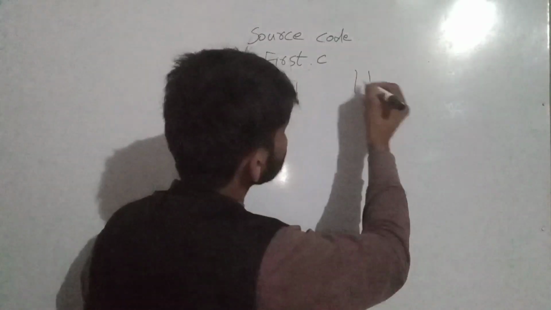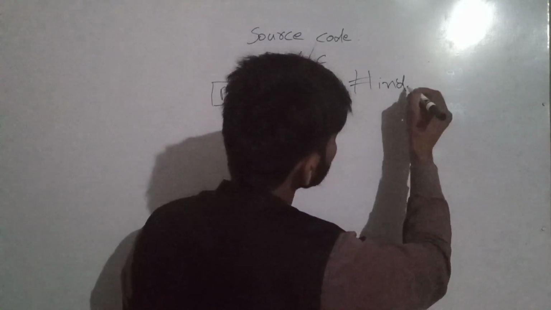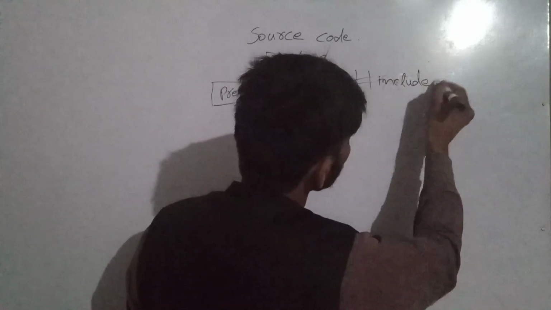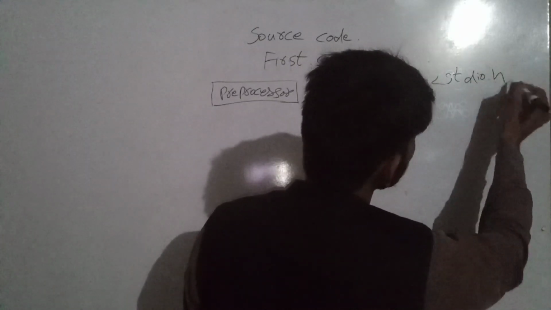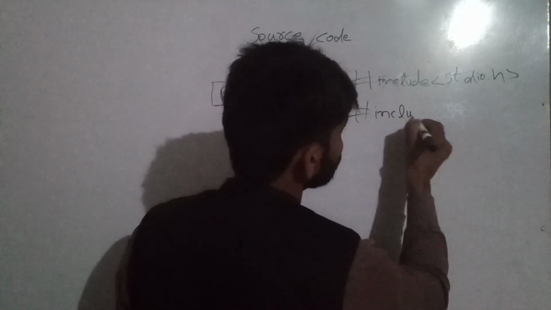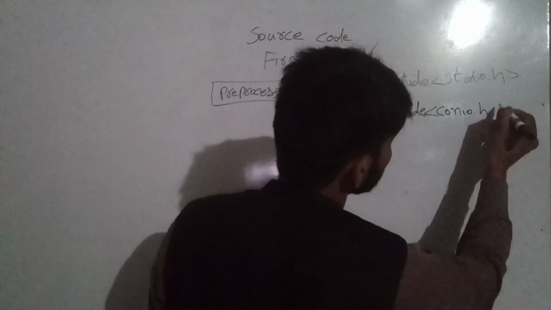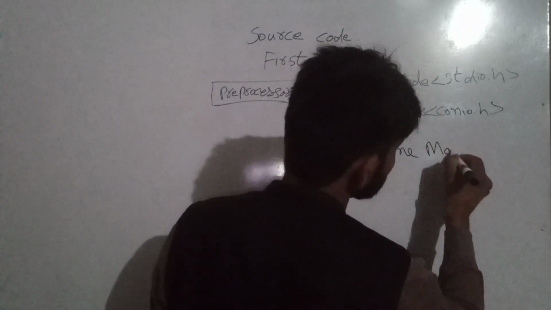You write the line #include <stdio.h>, and you write #include with another header file, and #define MAX 100, right?